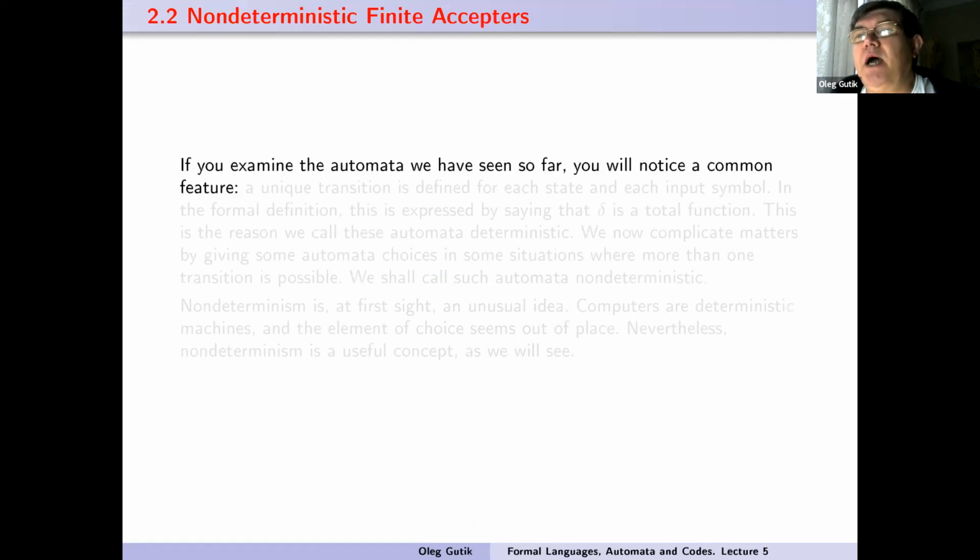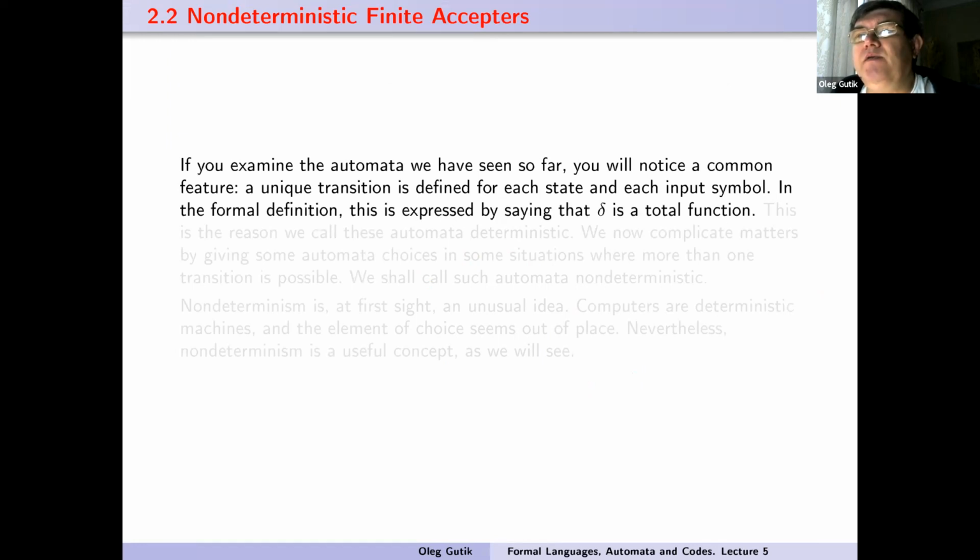If you examine the automata we have seen so far, you will notice a common feature. A unique transition is defined for each state and each input symbol. In the formal definition, this is expressed by saying that the transition function delta is a total function.